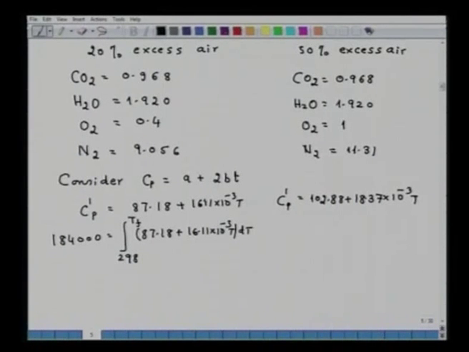Here it will be 184,000 equal to the integral from 298 to TF of (102.88 plus 18.37 into 10 to the power minus 3 T) dt. Now, I solve.